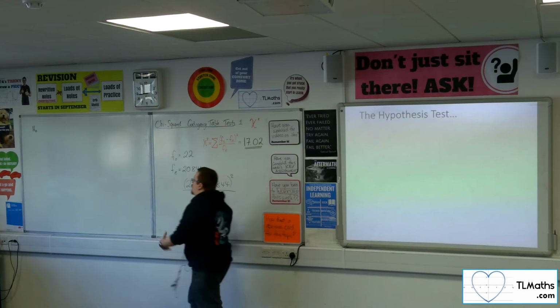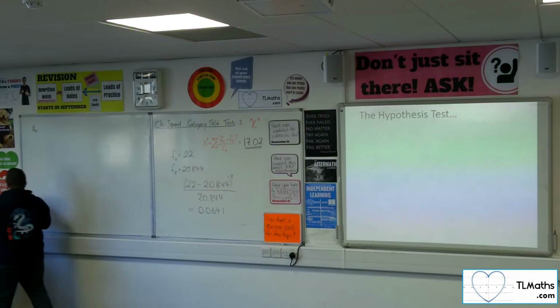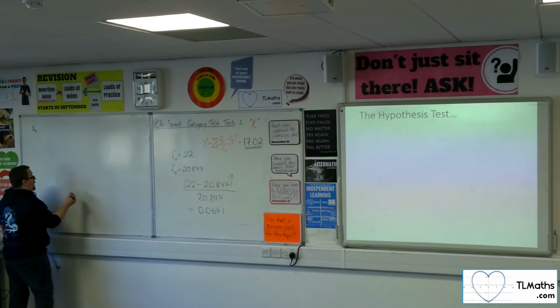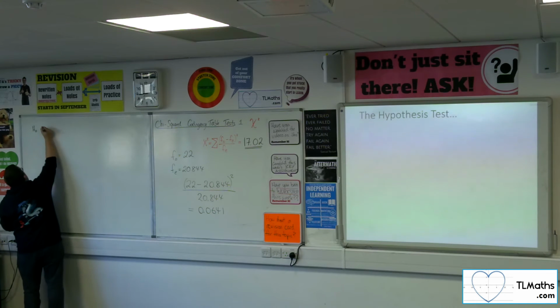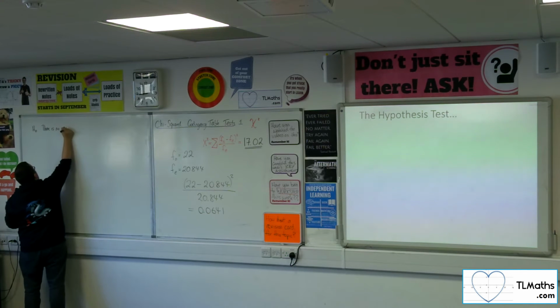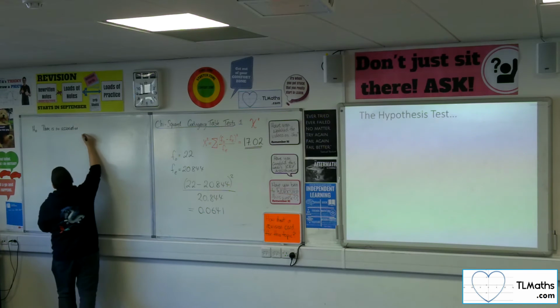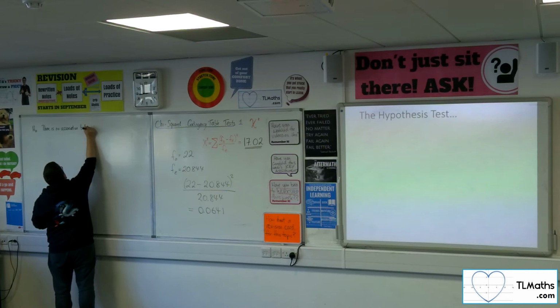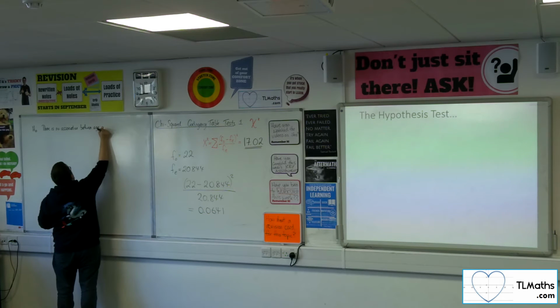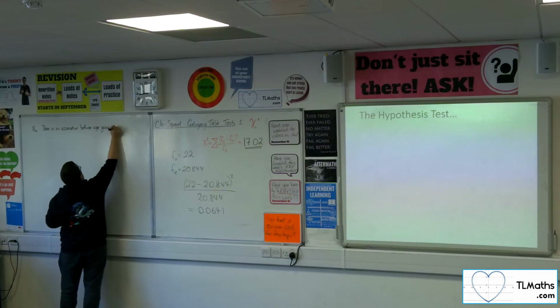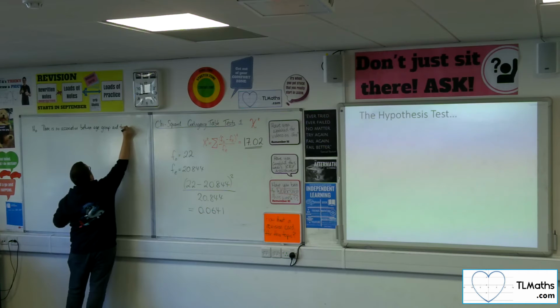So what we need to write down is in words, much like it was for Spearman's, and we say that there is no association, so just like Spearman's, between age group and type of ticket.